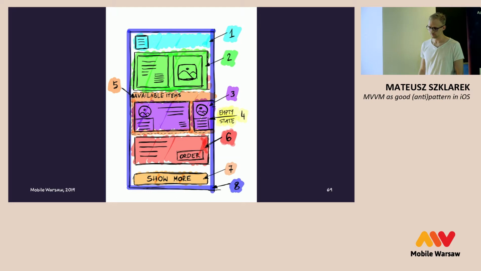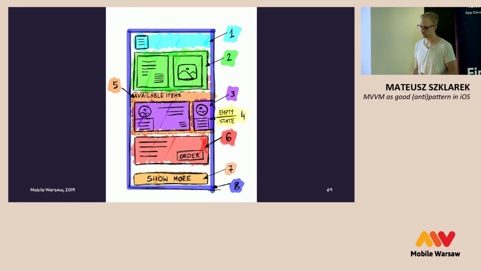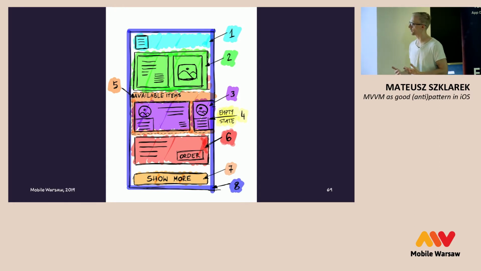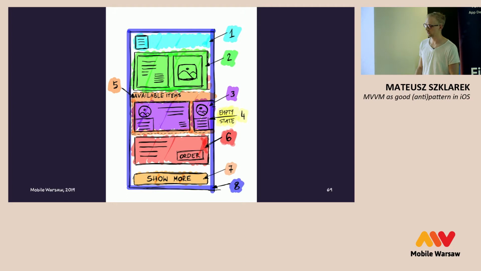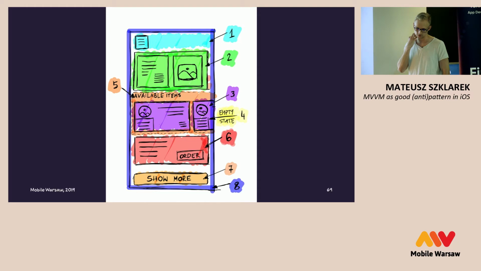So, like I said previously, we can handle this really easily by splitting our parent controller into smaller ones. I said previously that we had 204 view controllers in our application, and I just want to add that 75 of them were parents. So the rest of them were children.